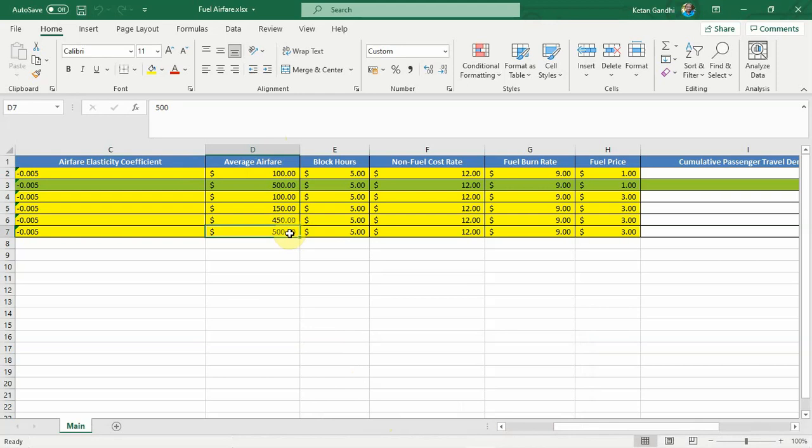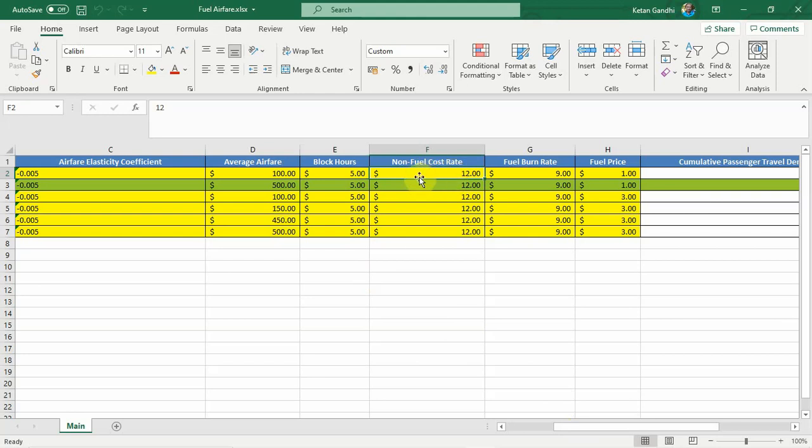So we are experimenting with different airfares, and the number of block hours, which is the flight time from takeoff to landing, is the same. We are taking the same route from JFK to ATL. And what would be the non-fuel cost rate? Just exclude the fuel cost, and what would be the direct operating cost for the particular hour.